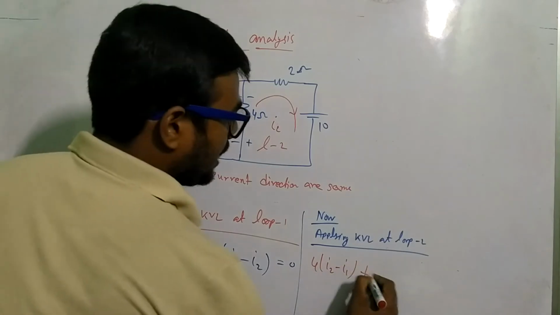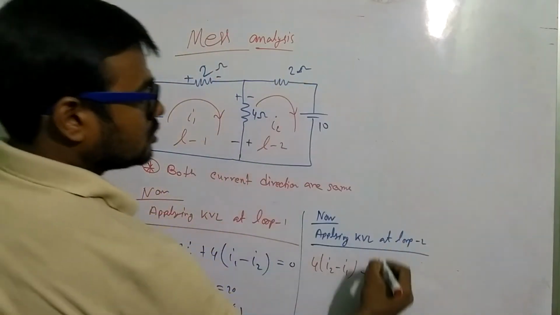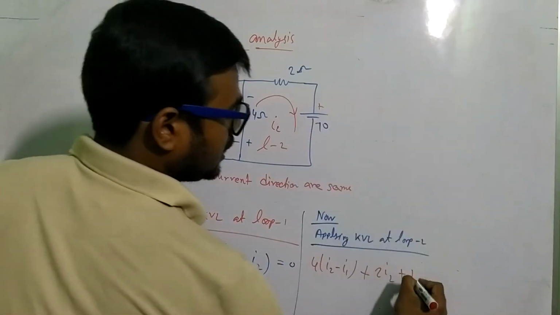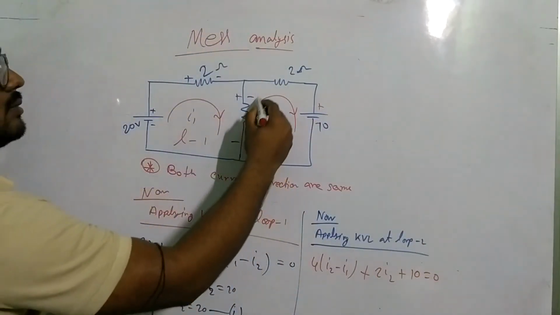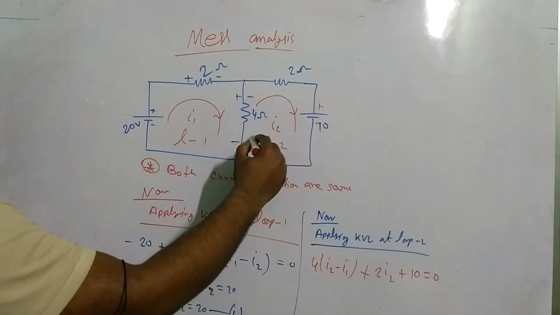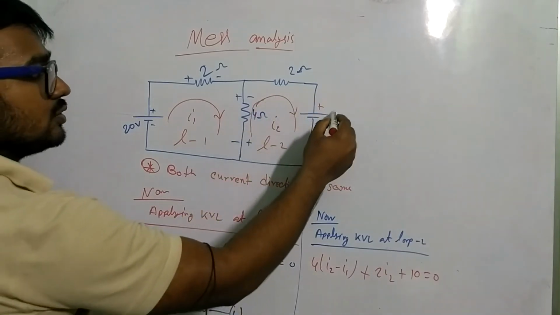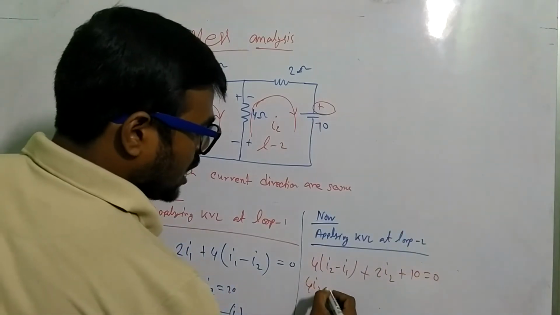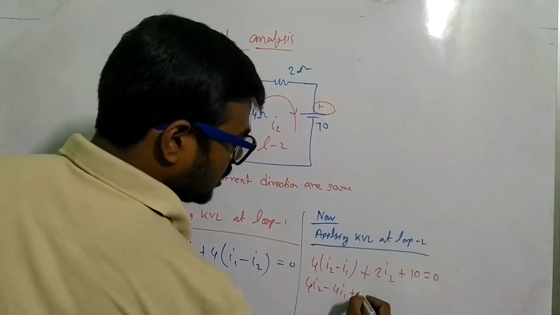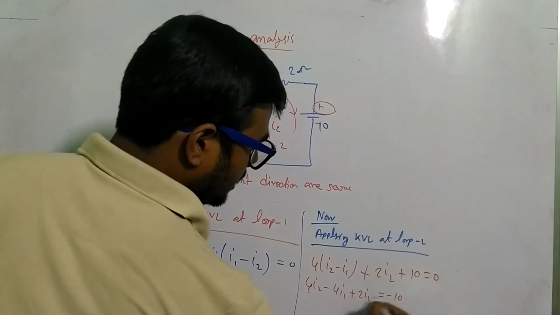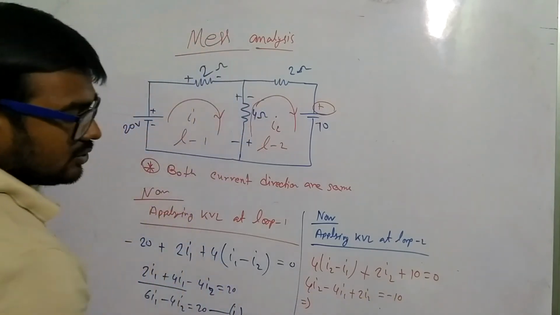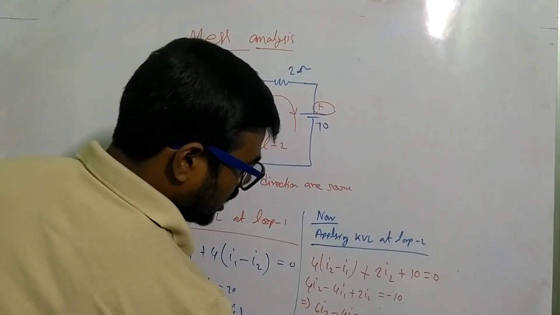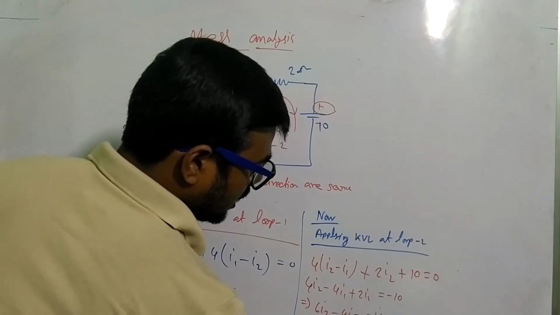Now plus 2 into I2 plus 10 equals 0, because I am coming from this direction, so the first value is positive. So 4I2 minus 4I1 plus 2I2 equals minus 10, which gives 6I2 minus 4I1 equals minus 10.